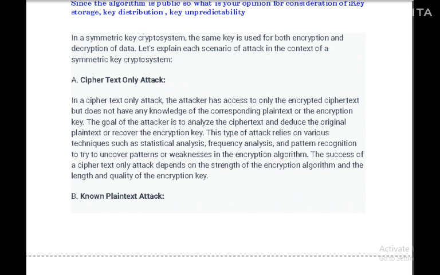In short, to explain this, first let us understand what a symmetric key crypto system is. In a symmetric key crypto system, we use a single key for encryption and decryption at both ends, either the user end or the receiver end. So later we will continue with the attack.